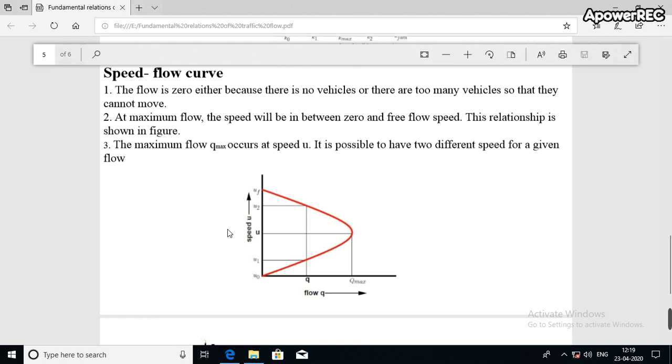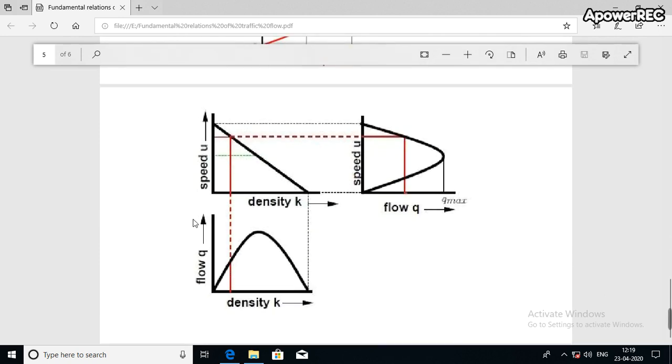And I have shown one combined picture where these three interrelationships are given. You can see in this particular figure, okay, one flow value here can give us two types of speed values, which actually means that the flow is having a direct relationship with the speed.